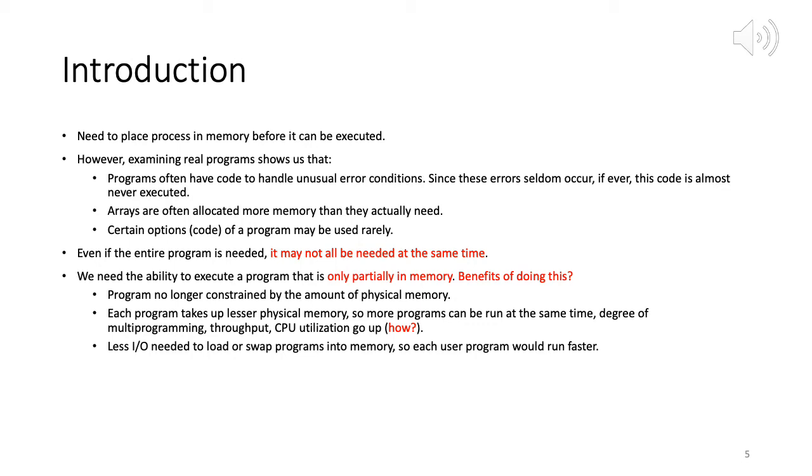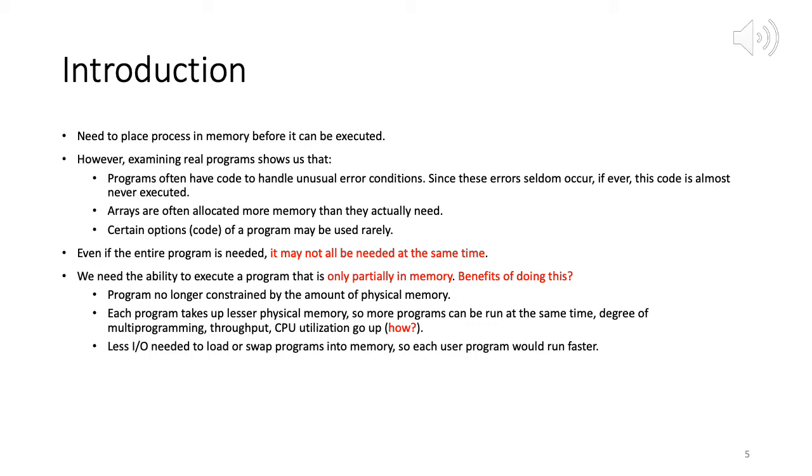Keep track of the instruction that caused the error, and give a suitable message to the user. Dump the memory into a log file, so that the user can see which condition caused the problem. So all this error handling code will also rarely run, if the errors rarely occur.